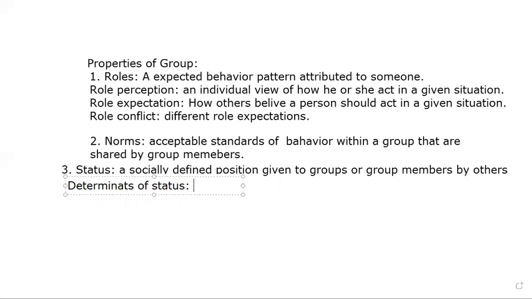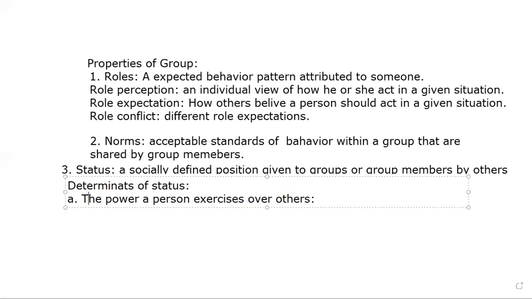These are all called determinants of status. So number 1, the power a person exercises over others. If you can influence others through your decisions and actions, then it is called the power a person exercises over others.